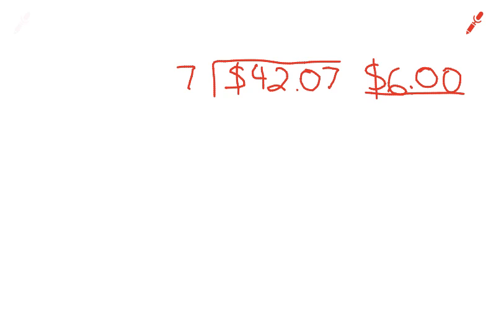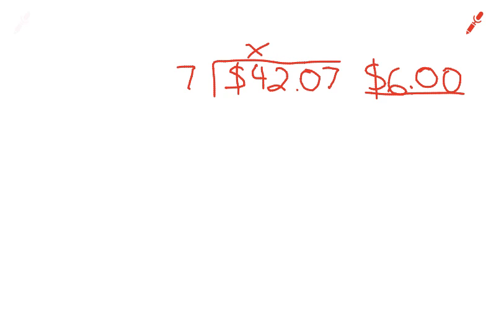Now let's do the harder part of figuring out our exact answer. 7 does not go into 4, so we won't put anything right there. 7 does go into 42, so our first number is going to go there. When there are dollar amounts, I don't want you to put the X's that we normally put.